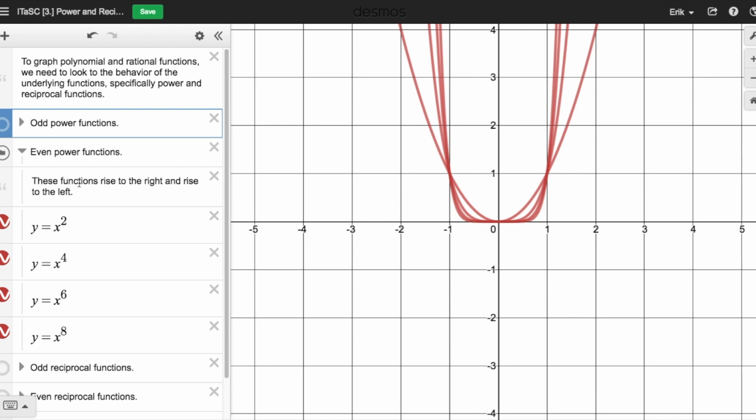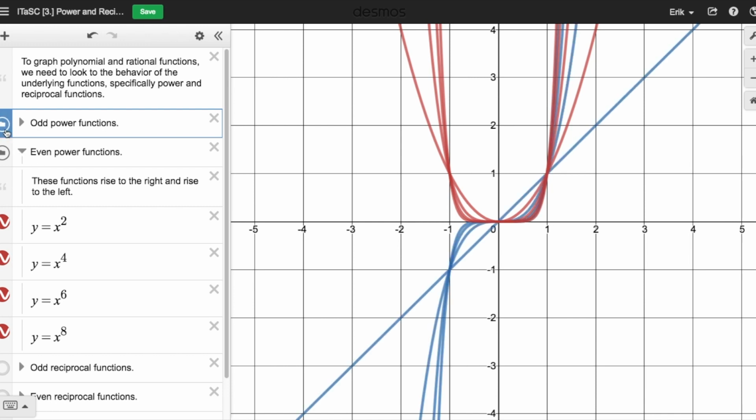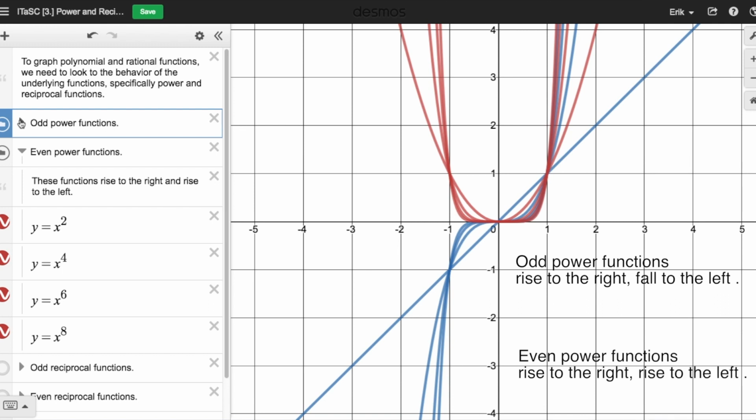So what we've got between the odd and the even power functions are different kinds of end behavior. And remember, all end behavior means is what the y-coordinate of the function is doing as you move to the right and the left edges of the graph. So for odd power functions, those will rise to the right and fall to the left. For even power functions, they will rise to the right and the left.